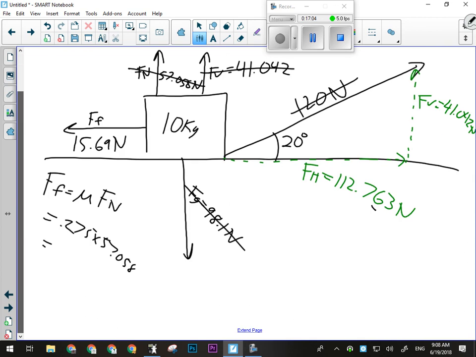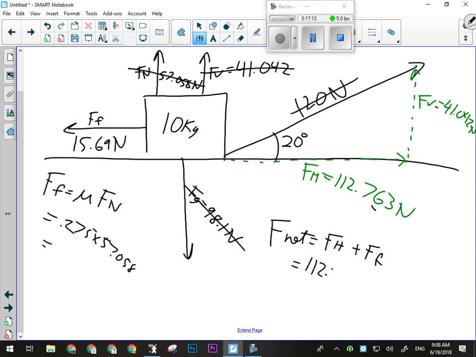Okay, so to find the net force, I'm going to use the vector sum of all forces and go F horizontal plus the force of friction. So that's going to be 112.763 minus 15.69.